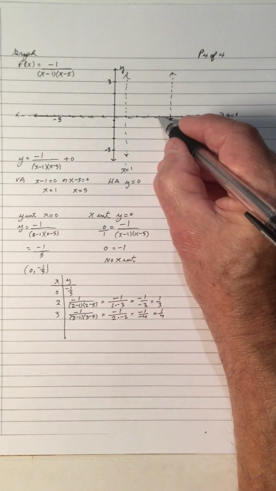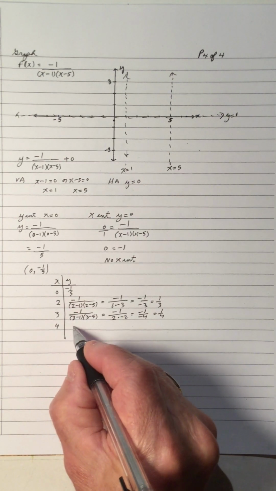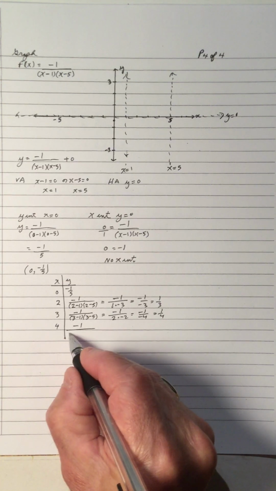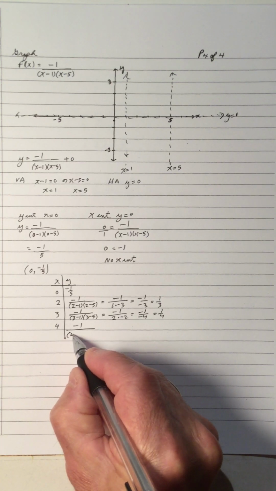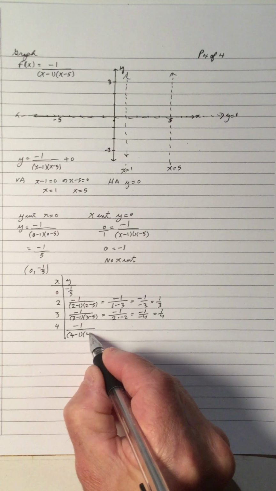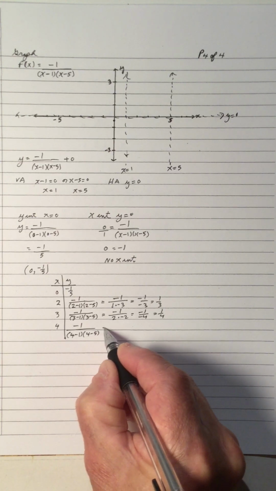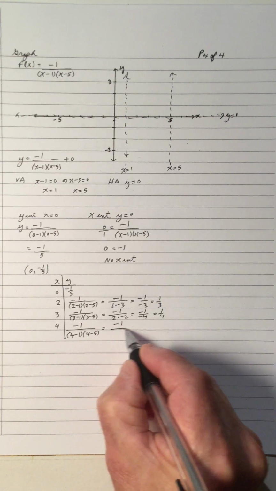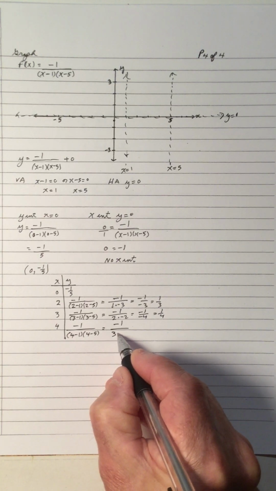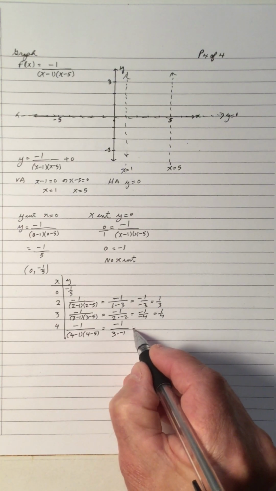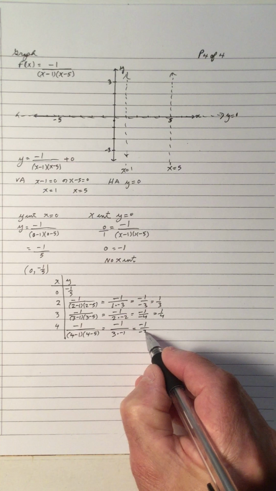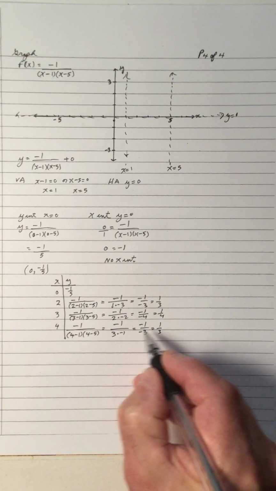And let's try a 4 and see what we get. Negative 1 over 4 minus 1, 4 minus 5, that's 3 times negative 1, so negative 1 over negative 3 is 1/3.